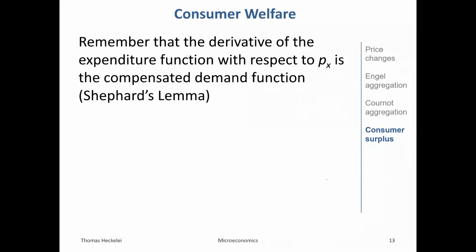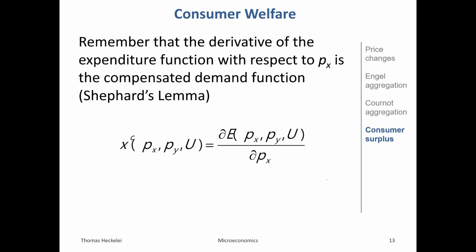Another thing worth recalling at this point is Shephard's lemma that we just learned last week. Remember, we showed that the compensated demand function, for example, for x, can be obtained by taking the derivative of the expenditure function with respect to px, right?